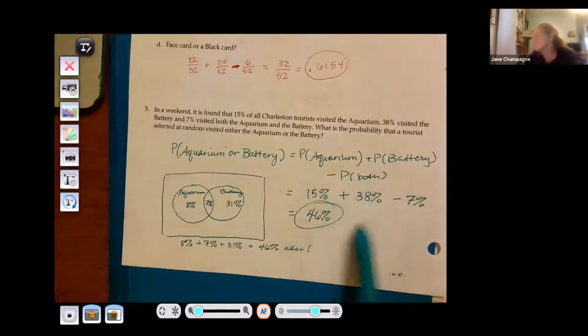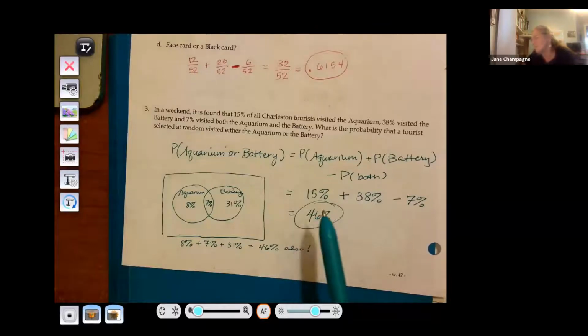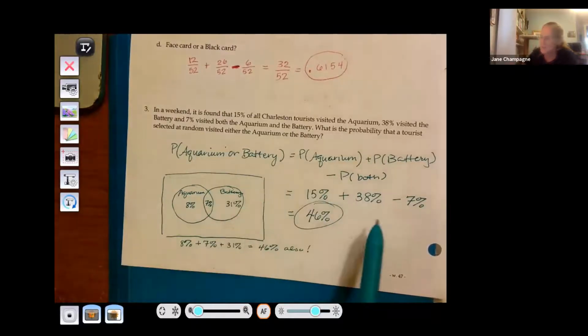So the addition rule is a way of not having to split it all out. You just put the totals and just subtract off the overlap. All right, any questions on that?